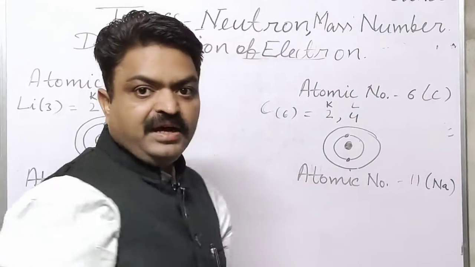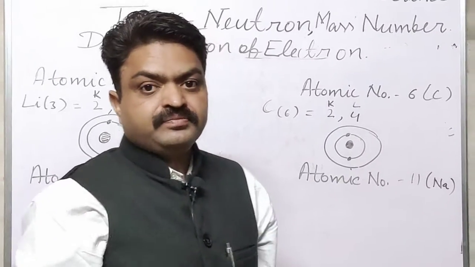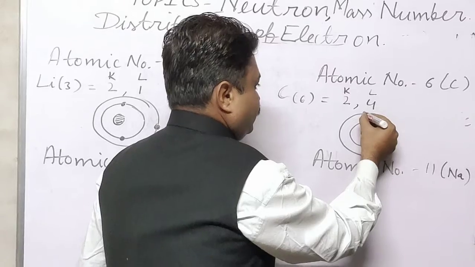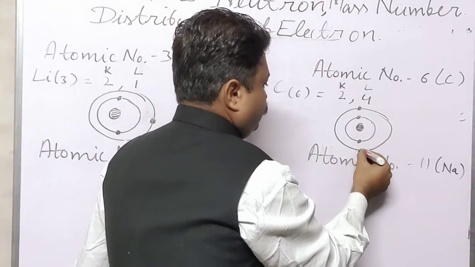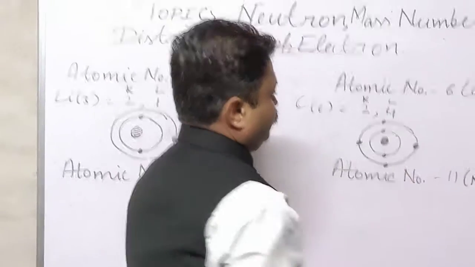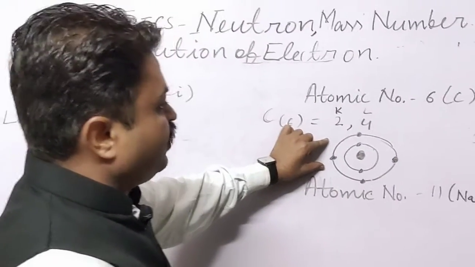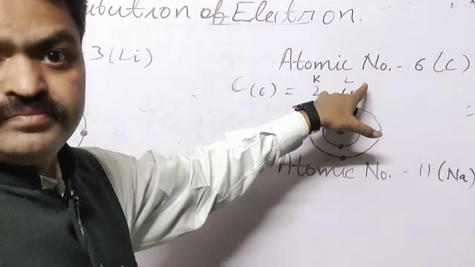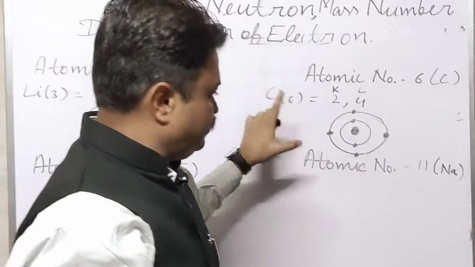But in the L shell, how many electrons will we show, student? 4 electrons. 1, 2, 3 and 4. So it is the atomic structure of carbon, means the atomic number 6 atomic structure is it.